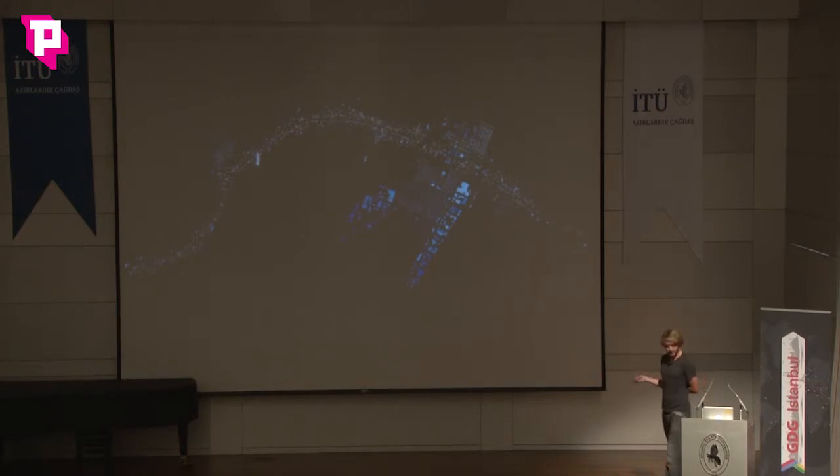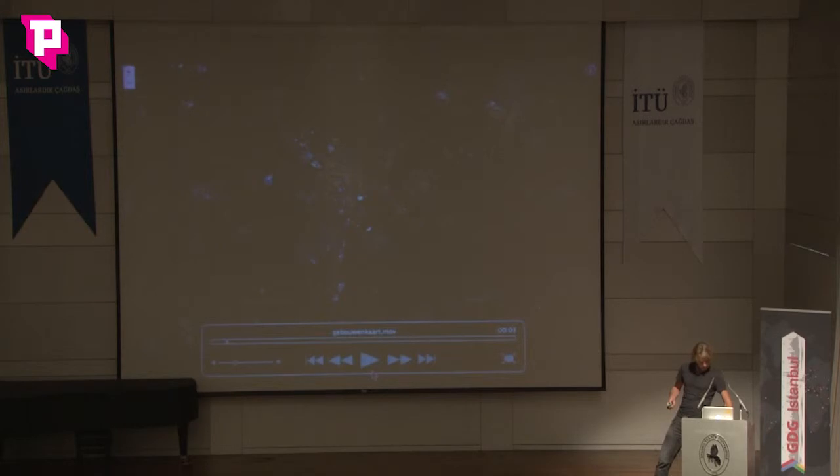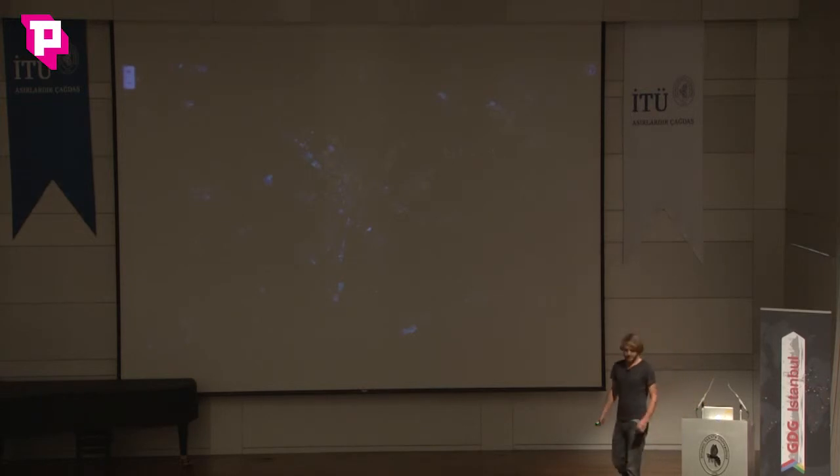This is another project I did using the data inside the system. I think I have a video. There's a database in the Netherlands with all the buildings and all the addresses. Also really difficult to access.